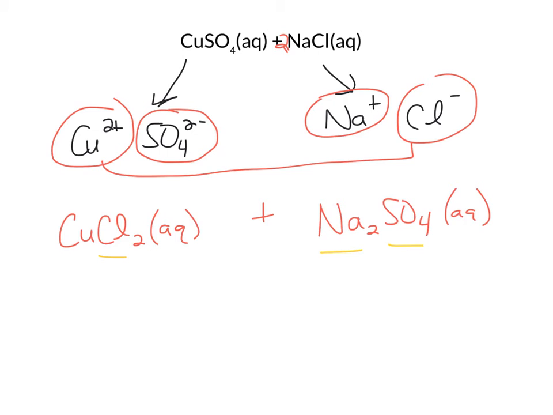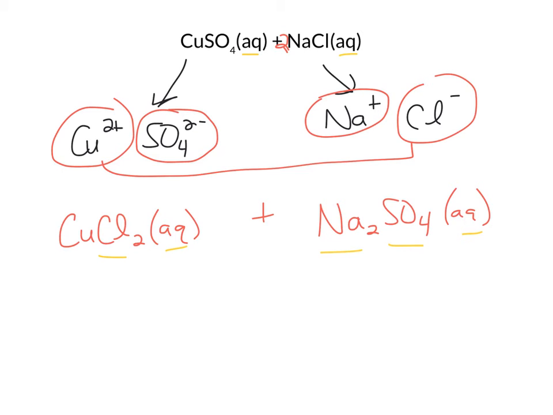Now, we could write the overall reaction, the copper 2 sulfate plus the 2 sodium chlorides going to copper 2 chloride and sodium sulfate, but in reality, there's actually no reaction occurring, and that's because we're starting with aqueous substances and we're ending with aqueous substances, or at least aqueous ionic compounds.